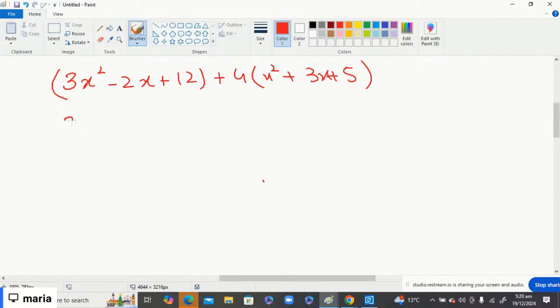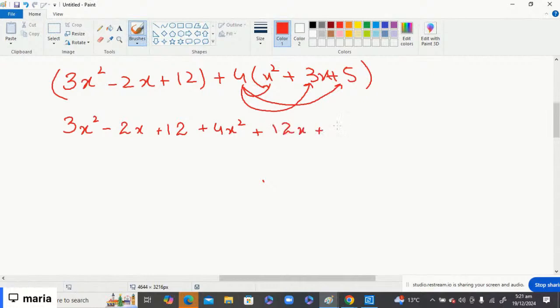So now multiply. Write 3x square minus 2x plus 12 as it is. Then plus, multiply 4 with first this one, with this one, and then with this one. This becomes 4x square plus 12x plus 20.